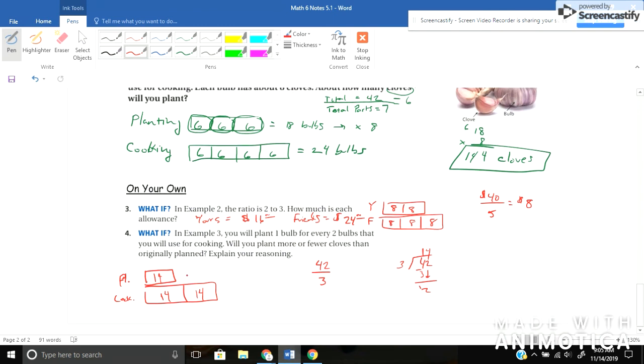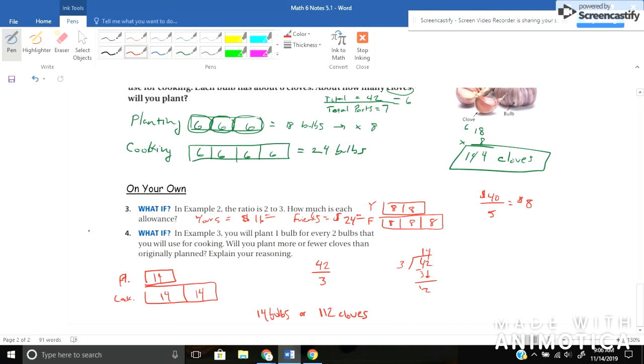So 14 bulbs would be the same as if you took 14 times 8, that would give you 112 cloves. The question asks, will you plant more or fewer cloves than originally planned?